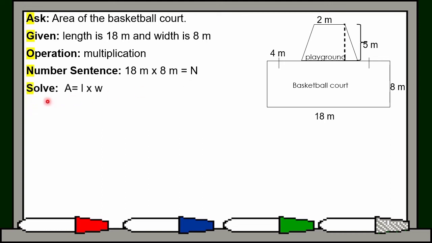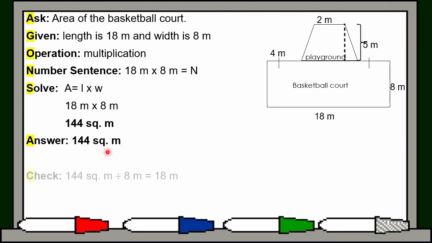And for letter S, solve. Our formula in finding the area of this basketball court, which is in rectangular shape, is length times width. Let us substitute. Length 18 meters times our width 8 meters is equals to 144 square meters.